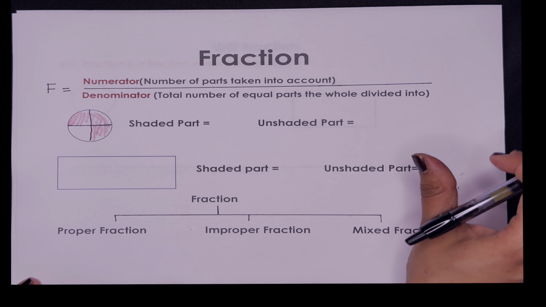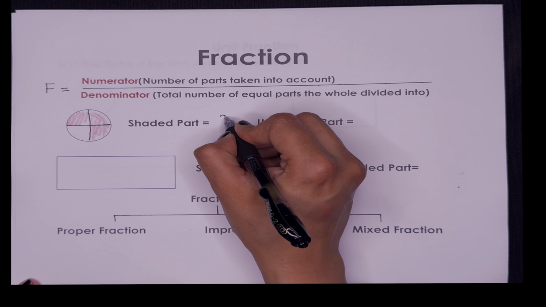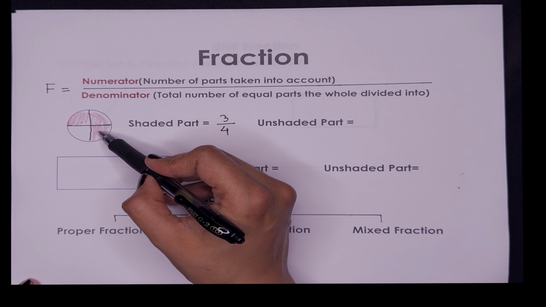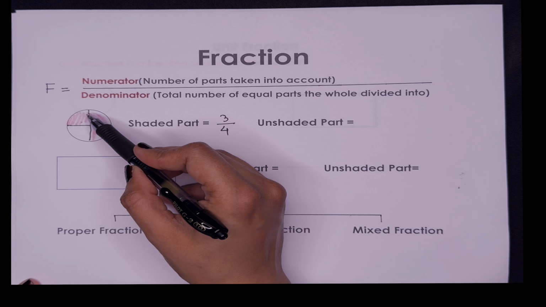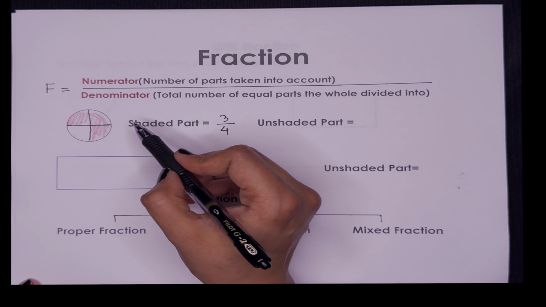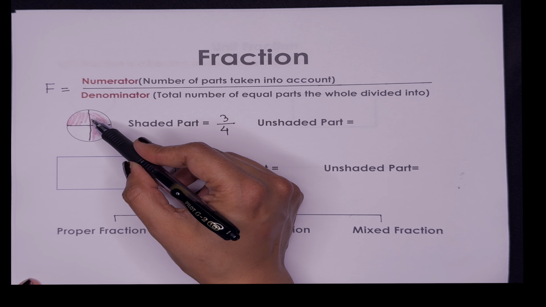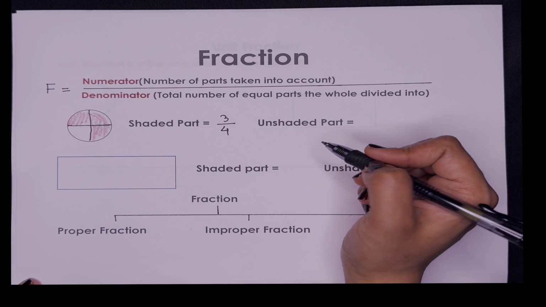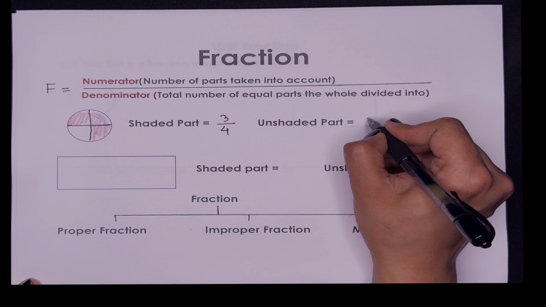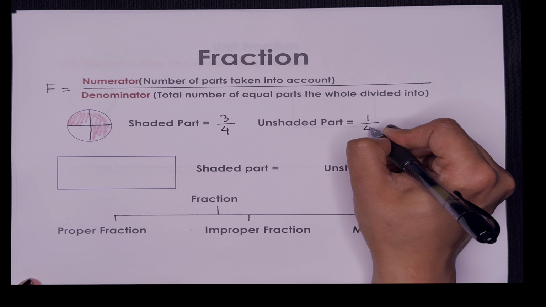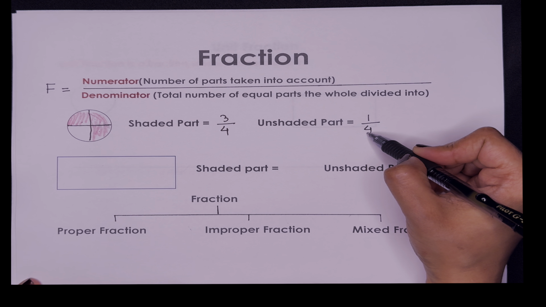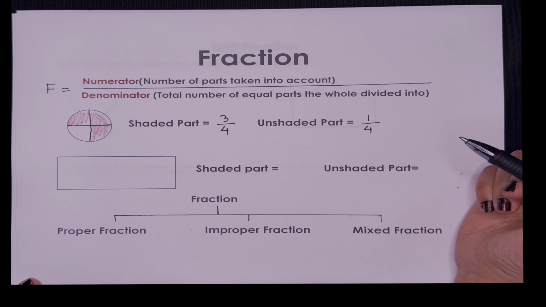So the fraction of the shaded part will be 3 by 4. 4 because there are a total of 4 parts we divided the circle into, and 3 parts we made pink. So the shaded part will be 3 by 4 and the unshaded part will be 1 by 4. One part has still not been shaded and 4 is the total number of parts.